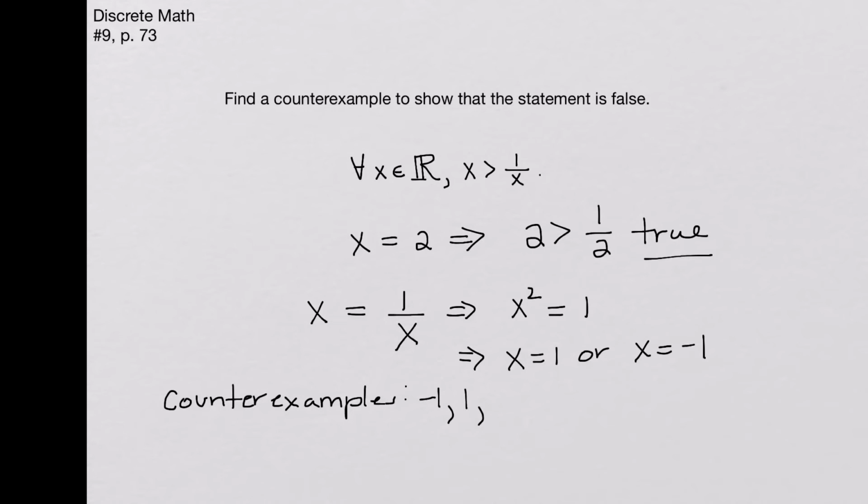If x equals 0, then we have 0 is greater than 1 over 0, which is undefined, so that doesn't work. And this says the set of all real numbers, so we can't say you're not supposed to plug in 0, because then they would need to specify that we mean all the real numbers except for 0. So 0 is another counterexample.